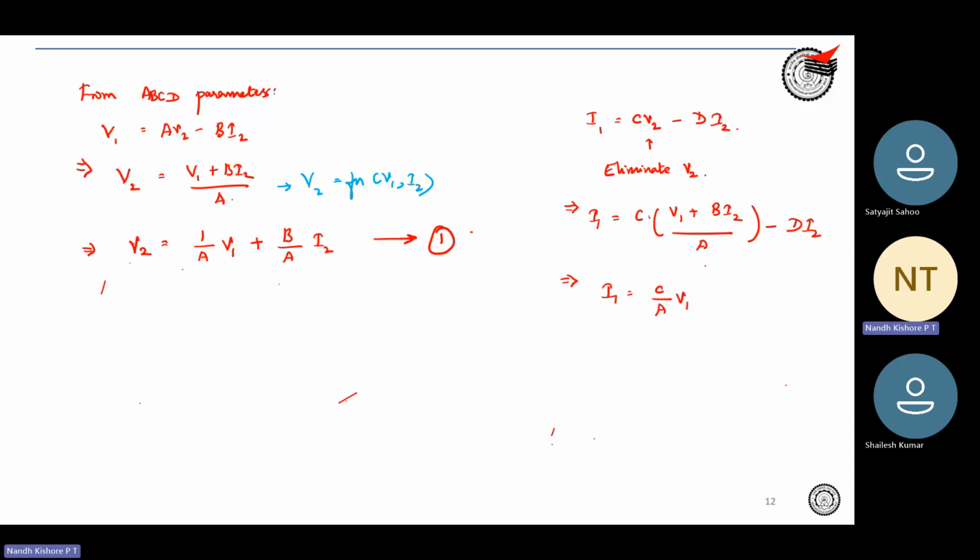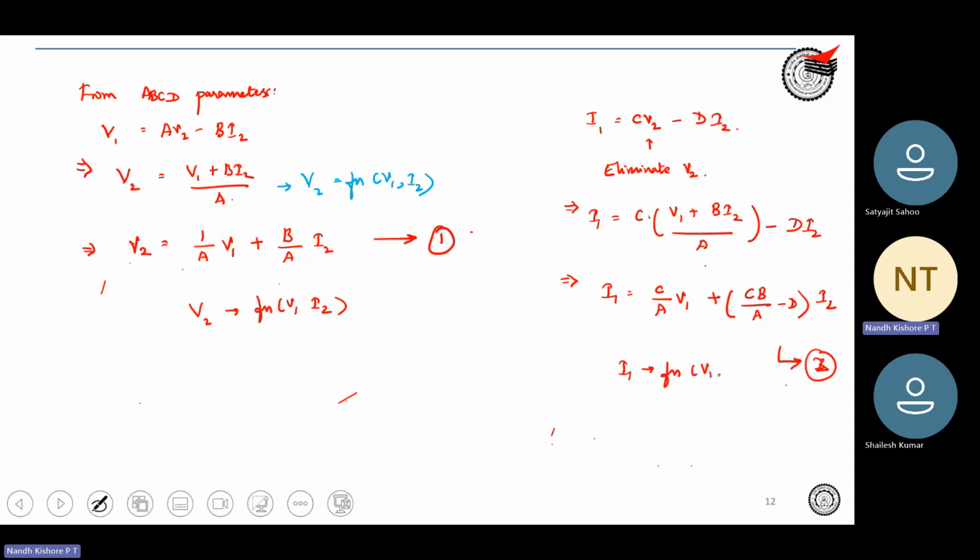So I1 is equal to C by A V1 plus CB by A minus D into I2, right? So you see over here, V2 is a function of V1, I2, and I1 is also now a function of V1, I2, correct? So we have successfully converted. So what is your G parameter?